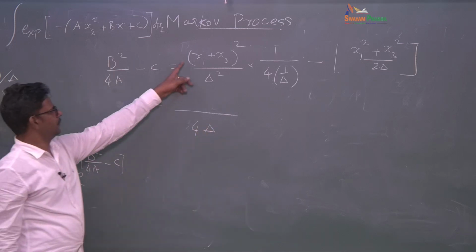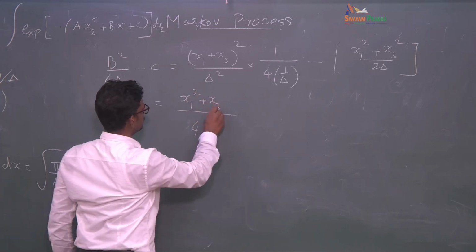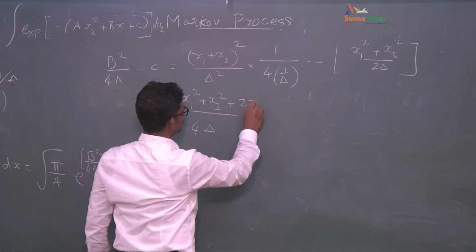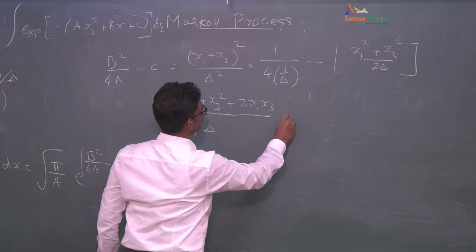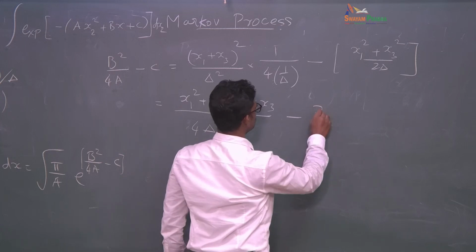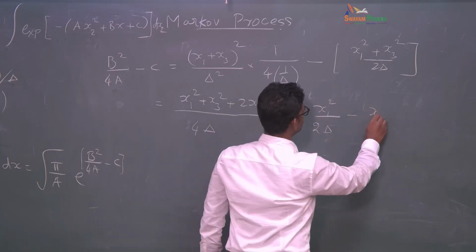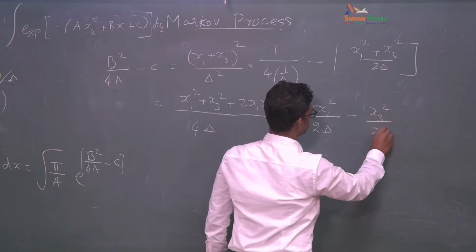And now you can open this up, you get x1 square plus x3 square plus 2 x1 x3, minus x1 square by 2 delta minus x3 square by 2 delta.